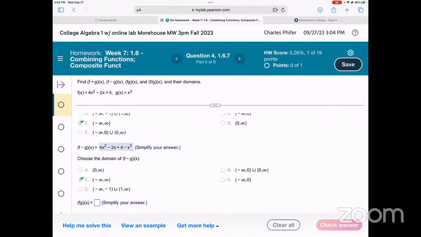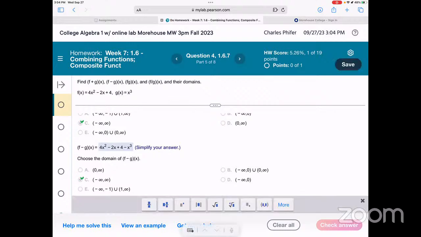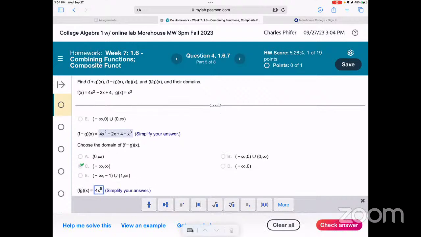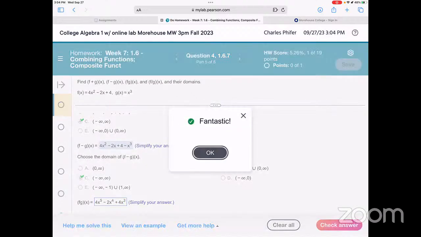F times g. So we're going to distribute x cubed into f. If we distribute x cubed, we get what? 4x to the power of 5 minus 2x to the power of 4 plus 4x to the power of 3. And then it's still just going to be all reals.